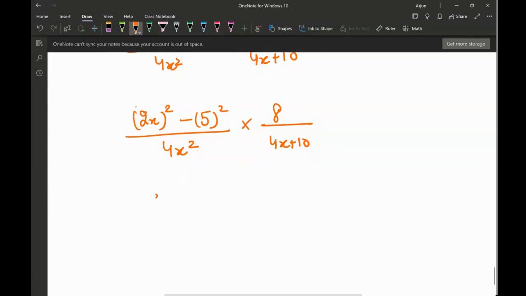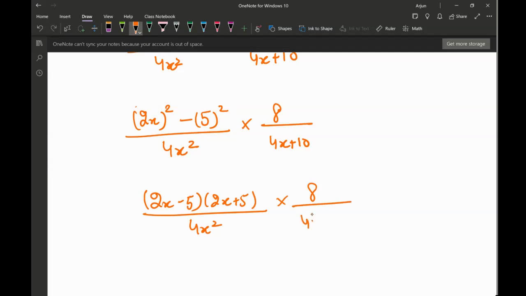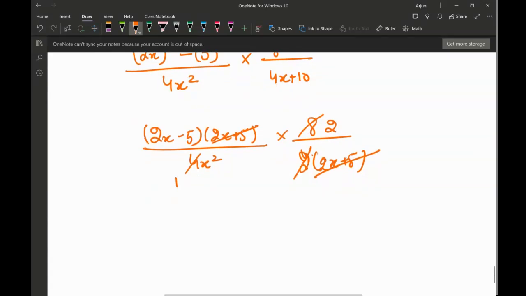Now this will become 2x minus 5 times 2x plus 5, and on the bottom 4x square, multiplied by 8 upon 4x. I can write it as 2 common, 2x plus 5. See, 4 times 1 is 4, 4 times 2 is 8, and then I can cancel this with this term, and now 2 and 2 reduce. My final leftover answer is 2x minus 5.